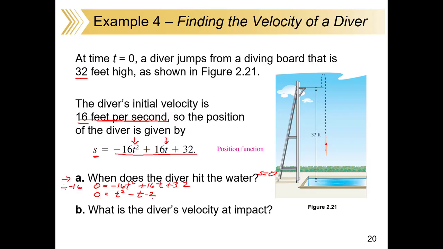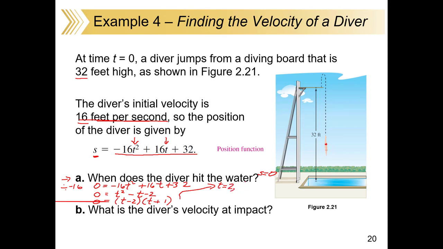Now you've got a quadratic. You could throw it in the quadratic formula. You really shouldn't do that, though. You can factor it. t minus 2, t plus 1. Use the zero factor property. Set each of those equal to 0. The first one, if you set t minus 2 equal to 0, you get 2 as your answer.